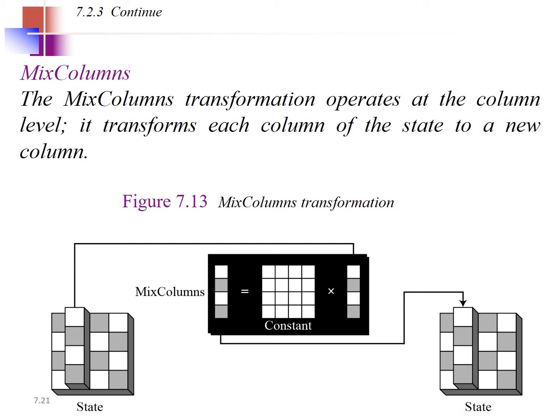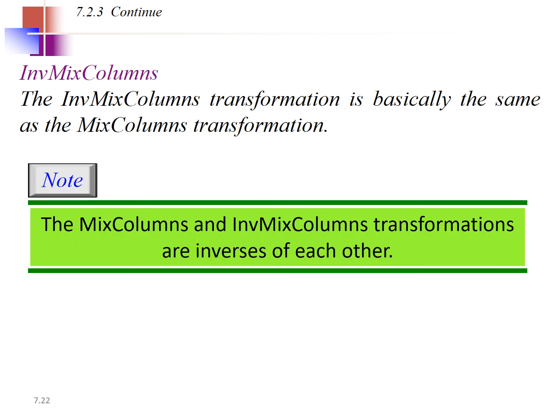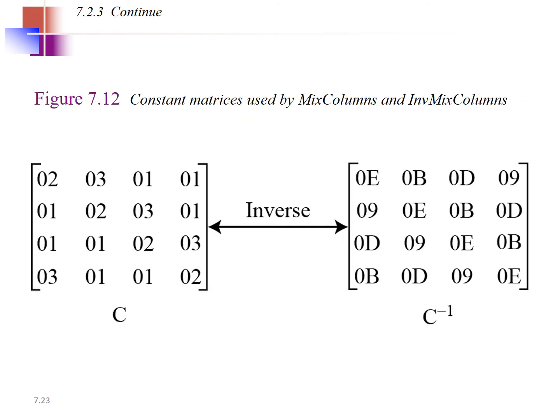in this particular matrix. So mixed columns, and also inverse mixed columns. How we are performing it is, when I am multiplying with a matrix, we will use a constant matrix for that. For this constant matrix, I can find out the inverse of that one.